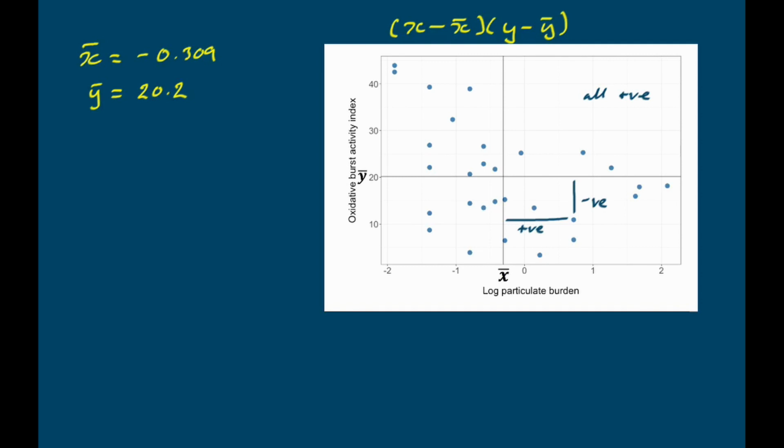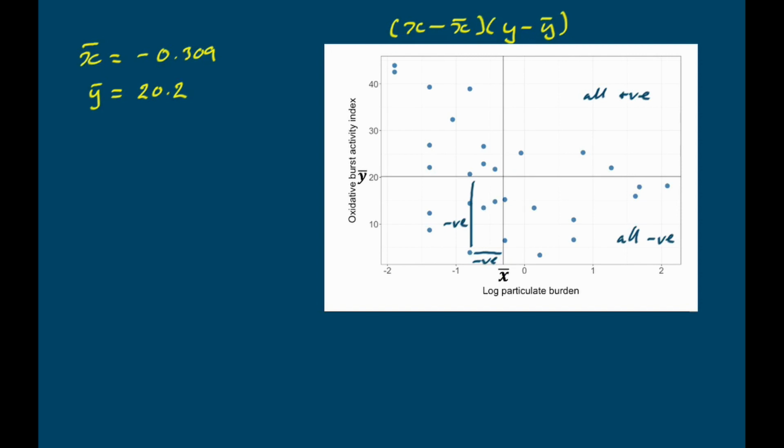And if you multiply those together, that will give you a negative product, because the product of a negative and a positive number is a negative number. So for all the values in this quadrant of the graph, we're going to get a negative value when we multiply these two things together. Moving on to this part of the graph, well, this data point here has an x value which is less than the x mean and a y value which is less than the y mean.